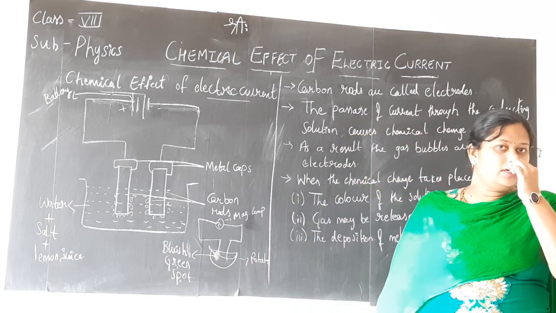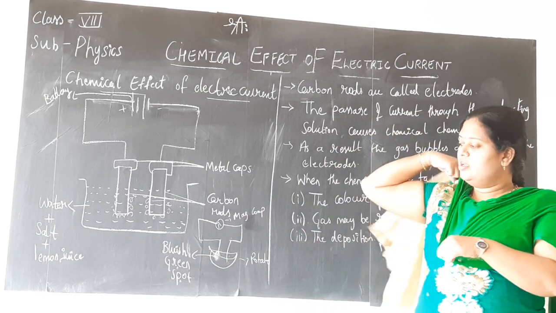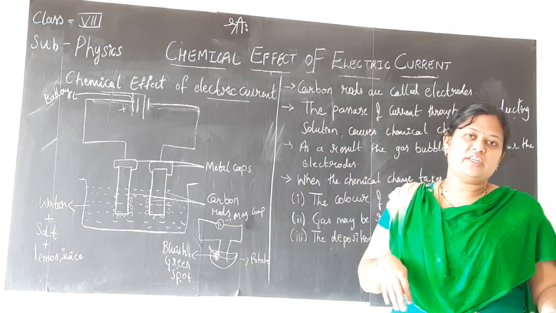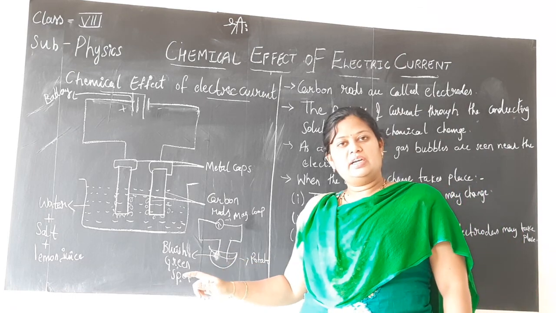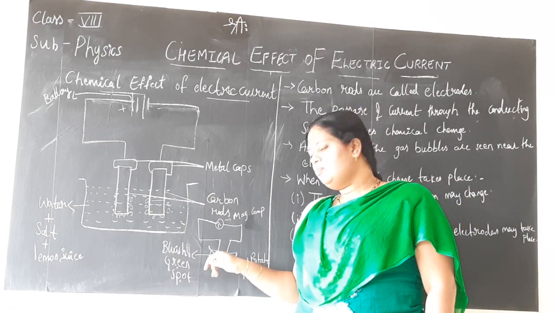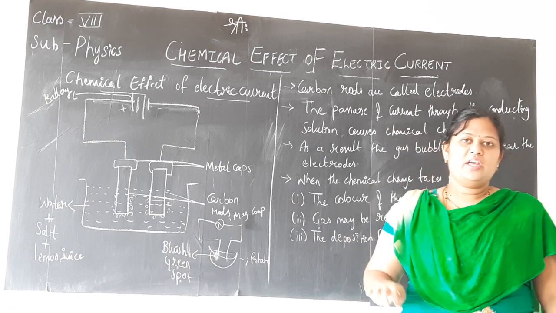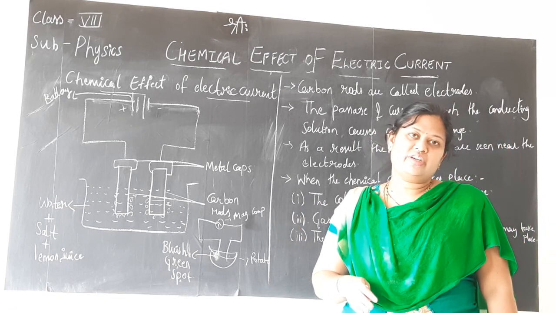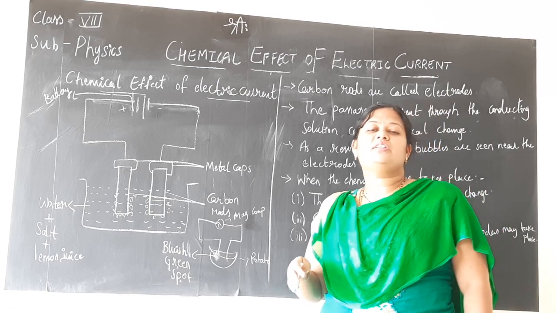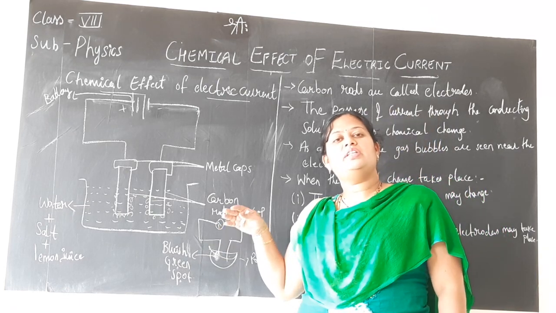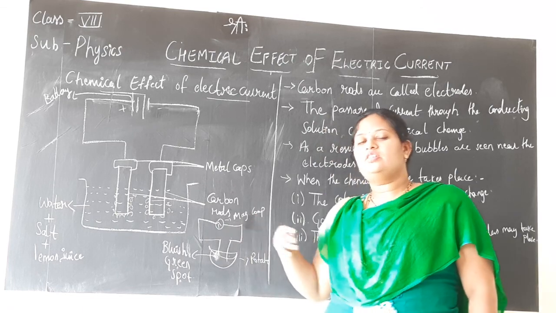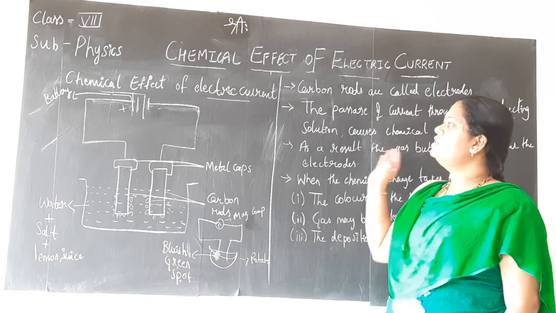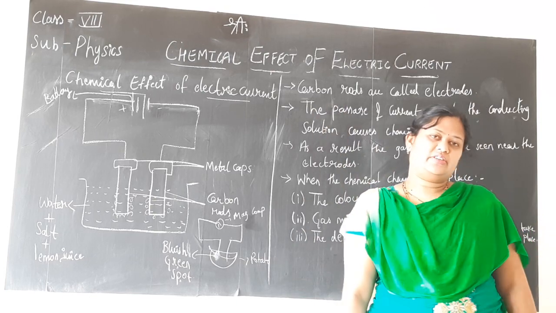Hence he came to the conclusion that if in any circuit we don't know which is positive or negative, after some time the bluish green spot will be formed. Whichever terminal this spot is formed at, children, that terminal is said to be the positive terminal. So this is one of the interesting activities in your textbook. Please go through it. This is about the chemical effects of electric current.